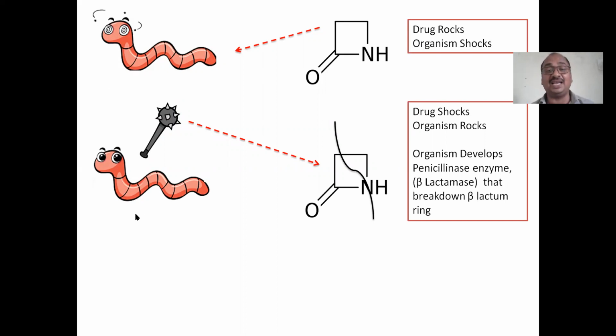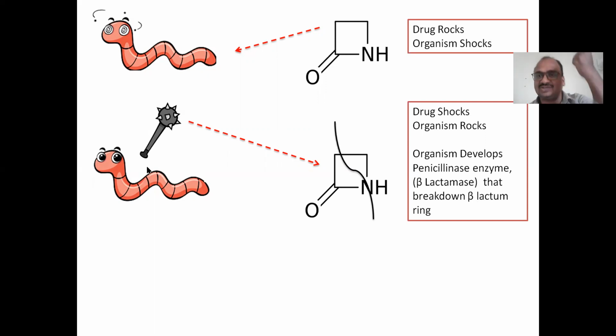Now what happened? Some of the organisms started developing a small weapon. This weapon is called beta-lactamase, also called penicillinase. It has two names, penicillinase and beta-lactamase. It breaks down the beta-lactam ring.